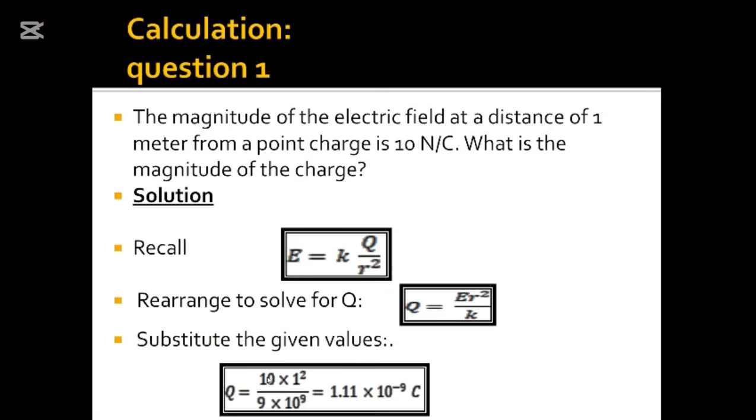Now, when you set in that equation, E equal to KQ over R squared, we now try to make Q the subject of the formula.